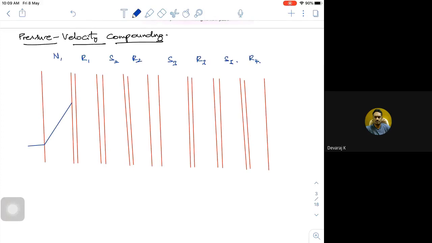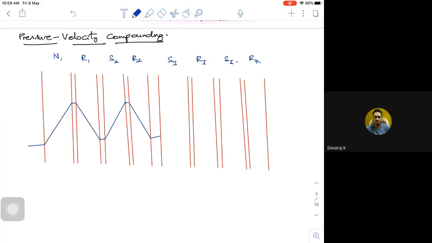Nozzle 1 or stator 1. Here what will happen? This will drop like this, then this will increase in my stator, then it drops. It is not a bigger gap, I am just showing how it goes.